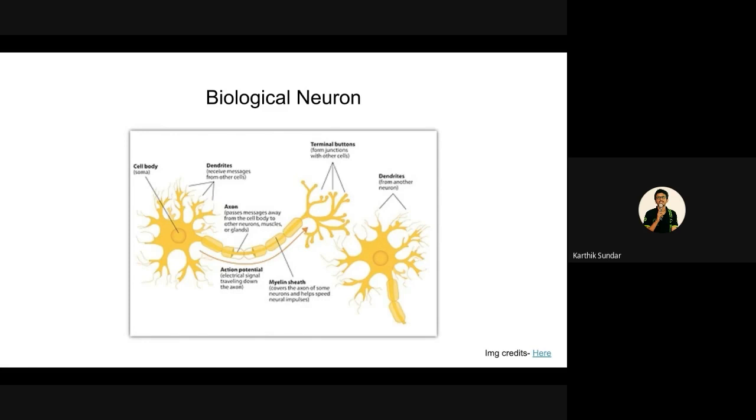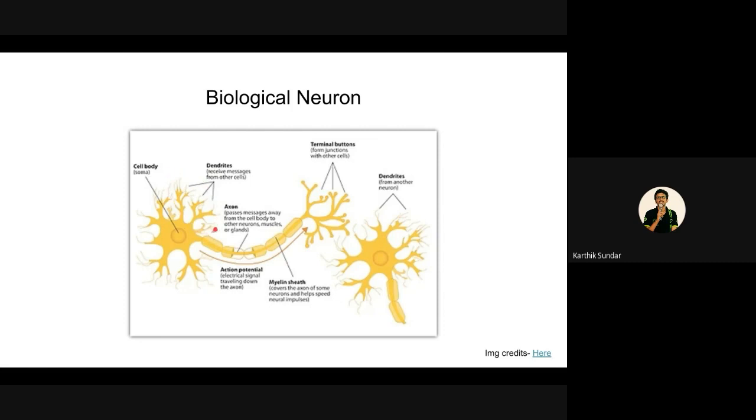As I told you, the inspiration for neural networks comes from the biological neuron, like what we saw before. A biological neuron has a cell body called the soma, and there's something called dendrites. This root-like structure is called dendrites.